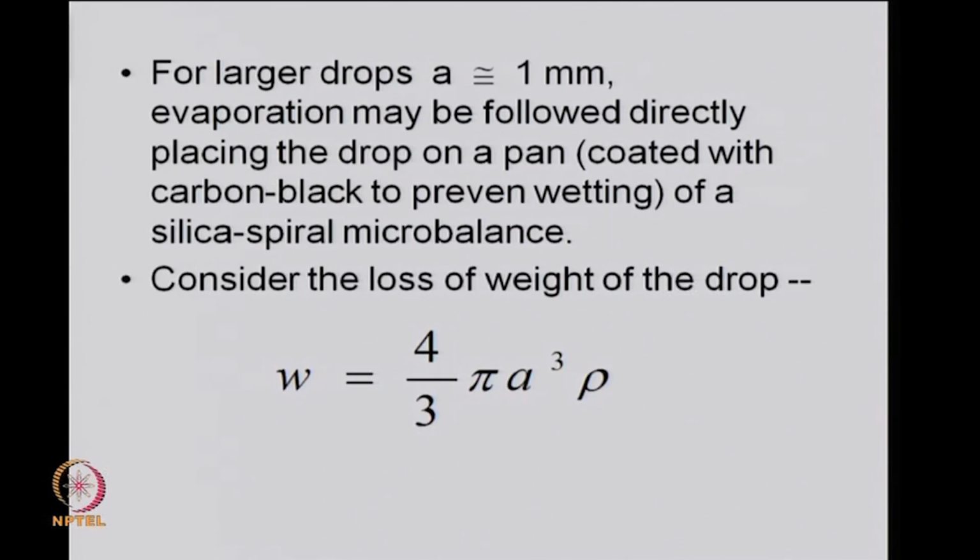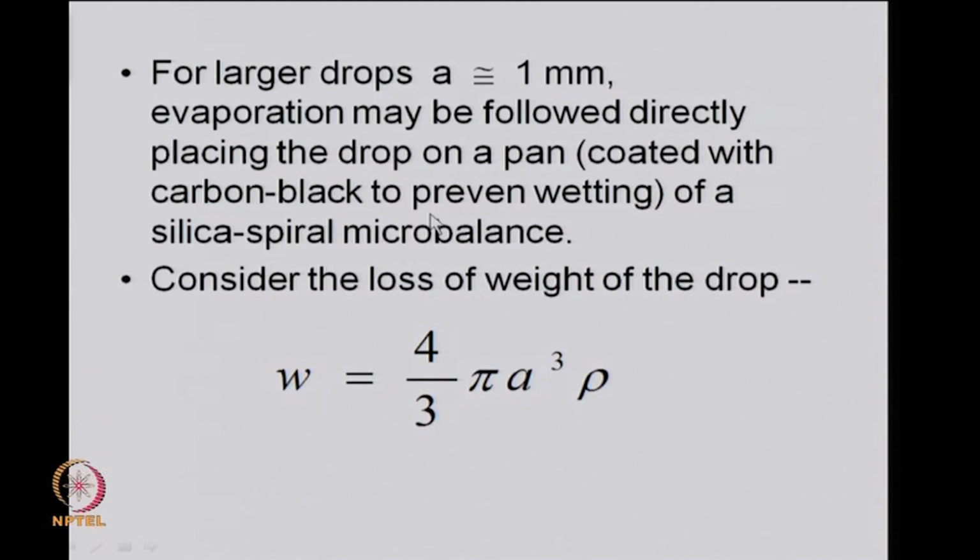Other situation that one may think of is relatively larger drops, say about a millimeter sized. In order to study how evaporation occurs for these larger drops, now we might not be able to have a free fall studied so easily, because that will be rather quick.